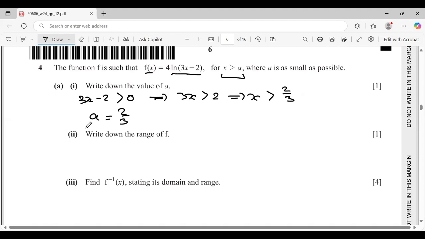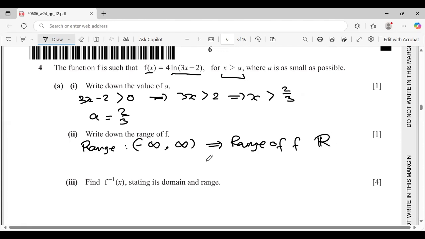For the natural logarithm function ln(3x - 2), with 3x - 2 greater than 0, the range is from minus infinity to infinity. So the range of f is all real numbers.